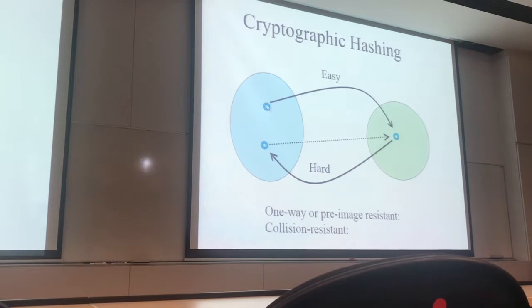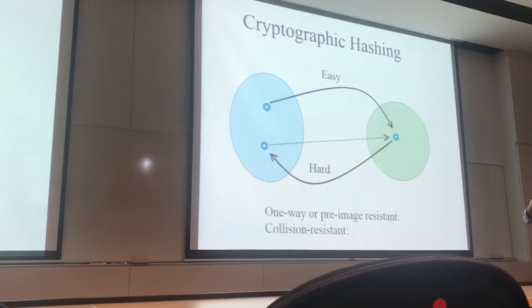Because we know for an output here there can exist multiple inputs, but it's difficult to find any input that can produce this hash. So given a hash value, it's difficult to find any preimage, not necessarily the one you used to produce the hash. And collision resistant means it's difficult to find two different inputs which will hash to the same hash value. So these are the two requirements.